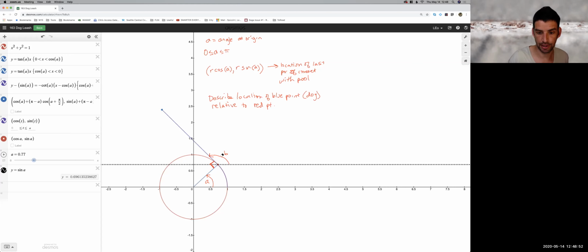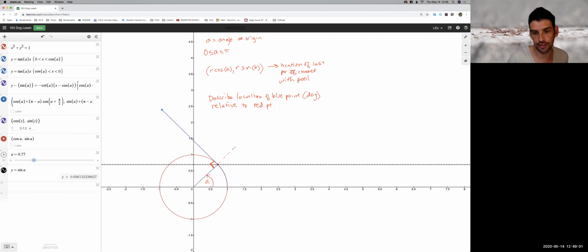Sorry, I'm going to erase B again because it's going to get in the way of what I'm about to do next. So let's continue the radial line. Right? If this is the angle A here, this must be the angle A here. I've just got this horizontal line is parallel to the x-axis.